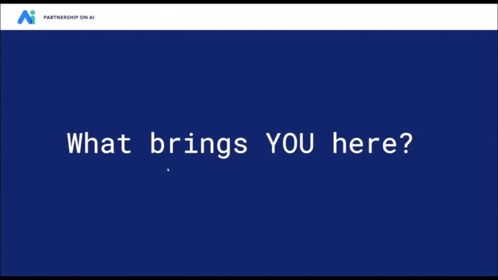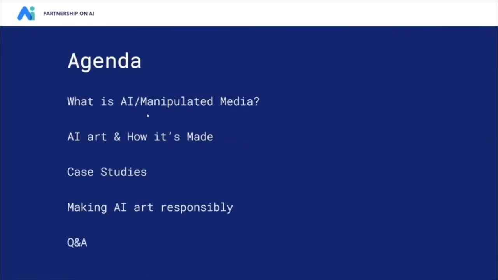So we're gonna really try to capture an intro to this realm and some practical tips if you're thinking about some of the responsible implications of AI. Over the course of the presentation, we'll start by diving into the context for AI and manipulated media. We think it's really important, when thinking about one use case, AI art in this instance, to situate some of the responsible AI conundrums that may come up in art in the broader milieu of manipulated media today.